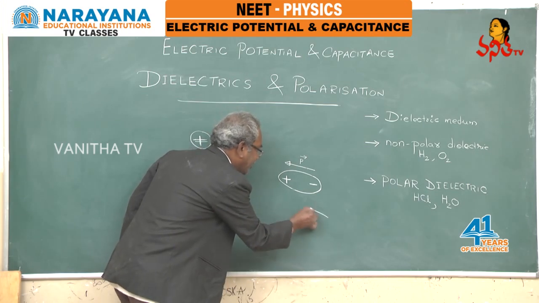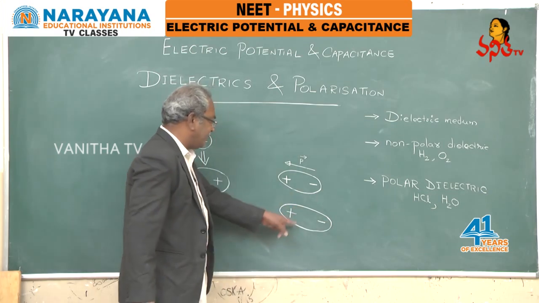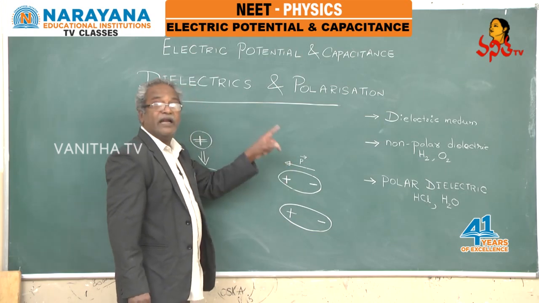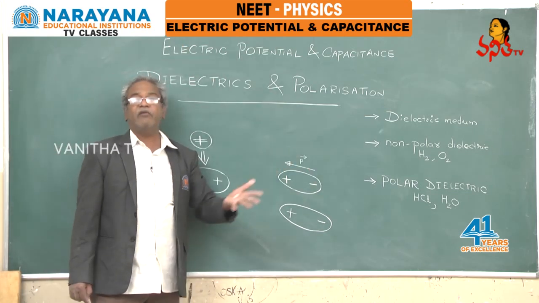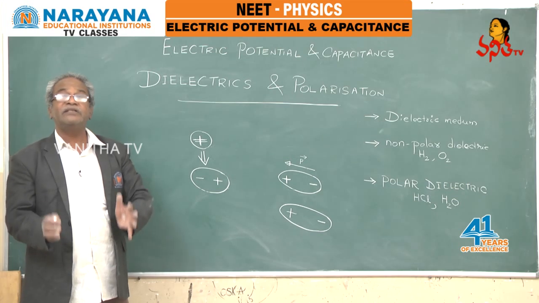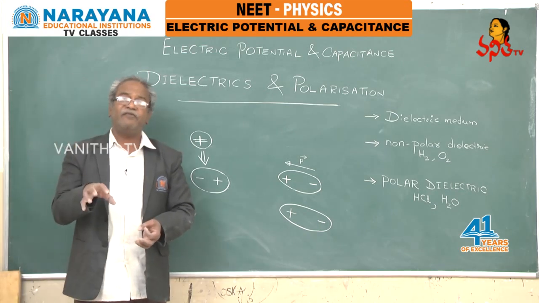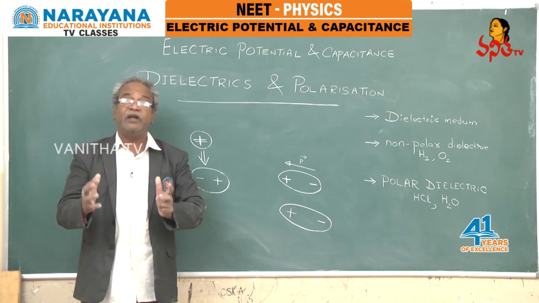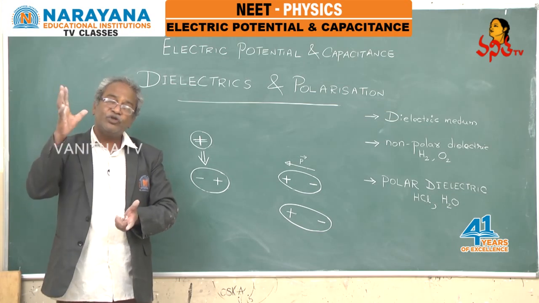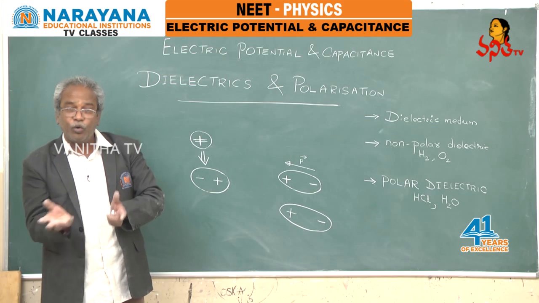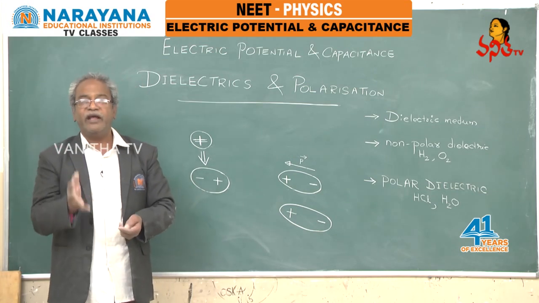Therefore, overall, when a dielectric medium is placed in an external electric field, there will be development of a net electrostatic dipole moment, and those electrostatic dipoles can rotate into the direction of the external electric field, and the following phenomena will take place.